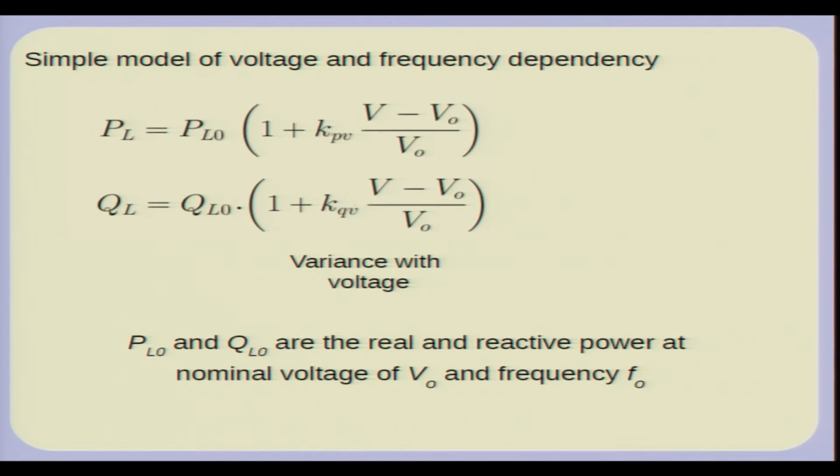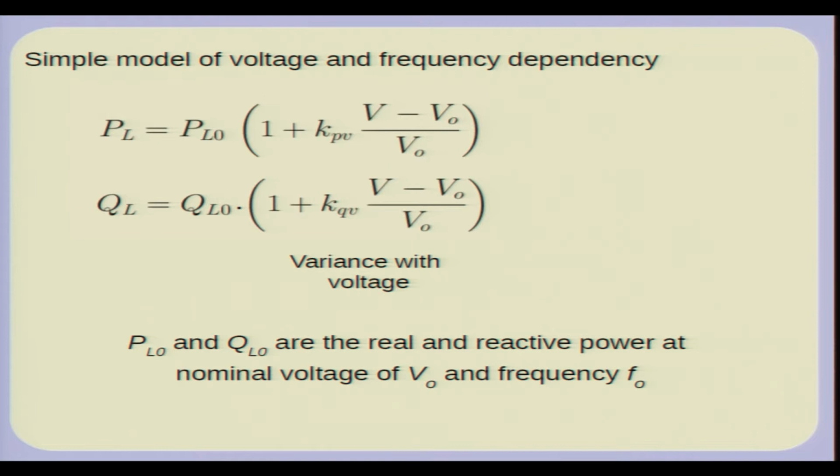Similarly, reactive power also could be represented in this way. Different loads then can be simply parameterized by these KPV and KQV factors. So, this is a very approximate load representation, and since it is a kind of linear representation, it follows that it will probably be valid only for small changes.